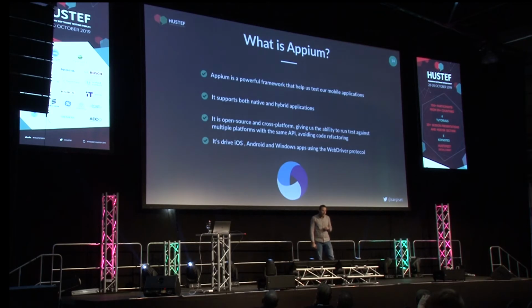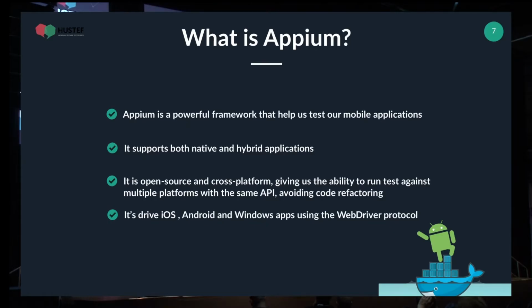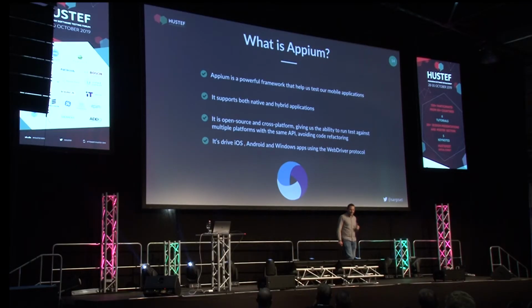Yeah? So one of the solutions that we can use for mobile testing is Appium. I believe that at least you heard about Appium. Appium is a powerful framework for mobile testing. It supports native and hybrid applications, and also web testing on mobile.